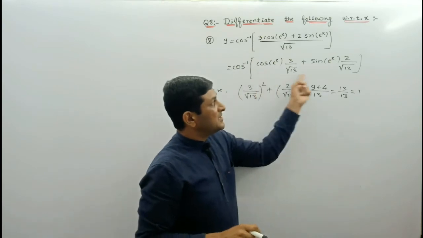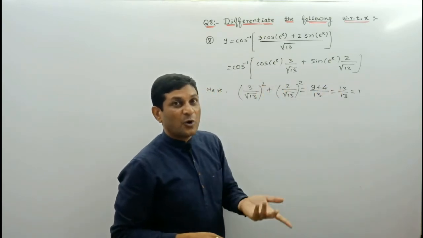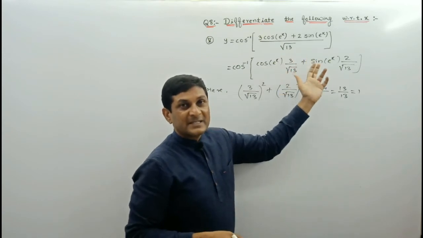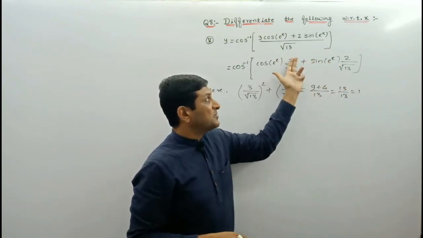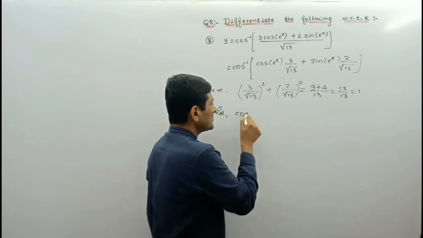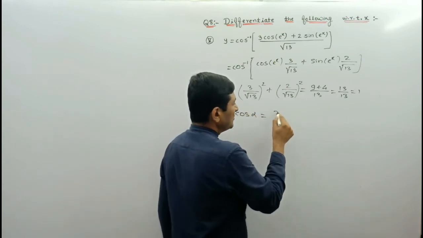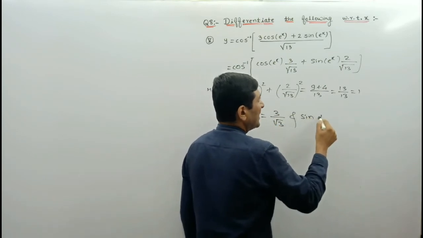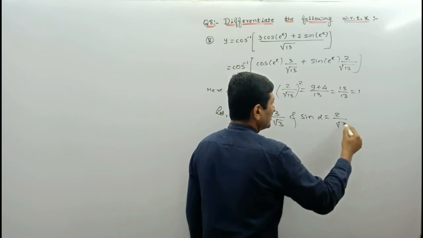Since we have to convert this expression in terms of cos, what is the formula related with cos? Cos A into cos B plus sin A into sin B, which means we have to denote this number by cos. So let us denote the first number by cos. Cos alpha is equal to 3 upon root 13 and sin alpha is equal to 2 upon root 13.